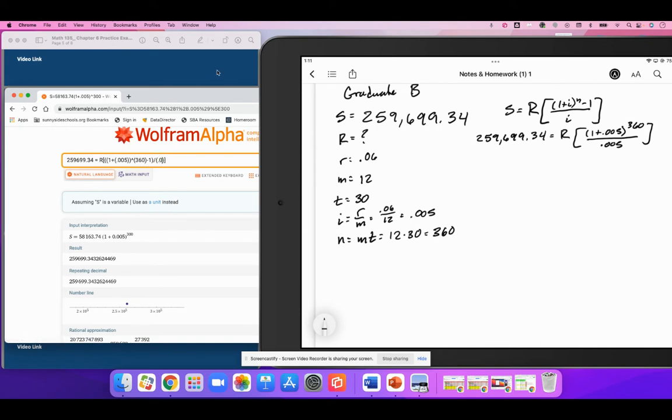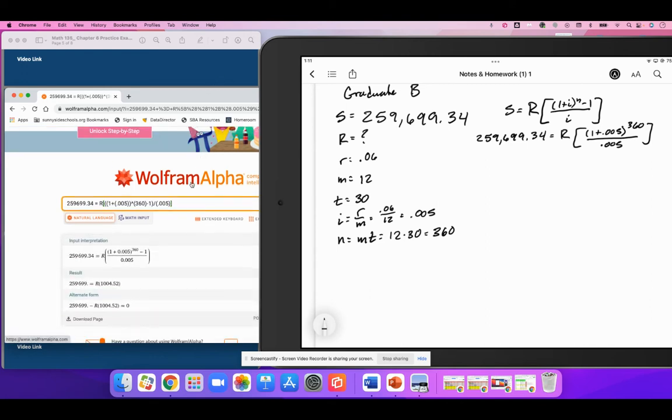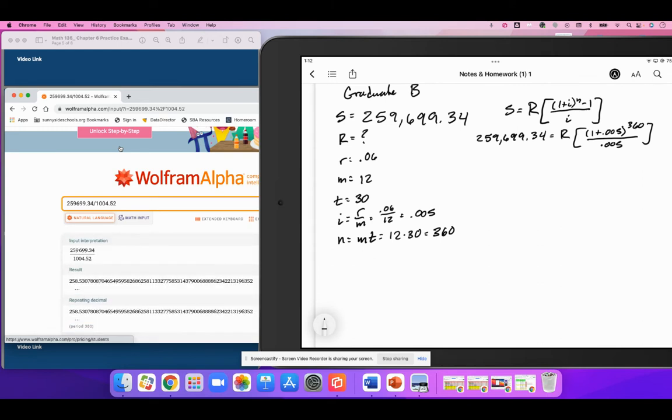And so again over here, 0.005. Got to do some division, dividing by 1,004 and 52 cents. And so the payment that this person needs to make every month to catch graduate A would be $258.53.